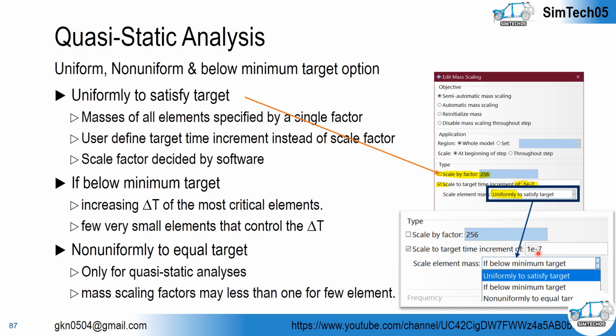If some element has very small size, the mass will be artificially increased there, and if some element has larger size, then maybe the scale factor is less than 1. It means mass is distributed throughout the component to achieve the target. So this is all about variable mass scaling.